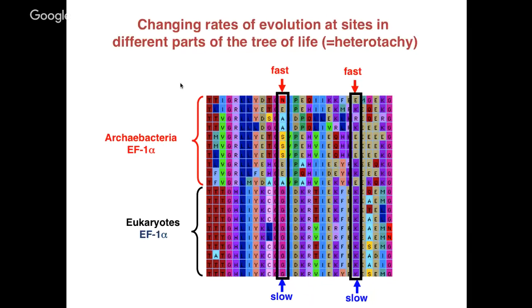So this is clearly a case where there are different rates in different parts of the tree at a given site. If you look more closely, you can see similar kinds of things going on. You can also see another pattern where the type of amino acids allowed at sites is changing between eukaryotes and archaea. Our single matrix spherical cow model does not account for this. It will not allow you to have changing rates of evolution over the tree.